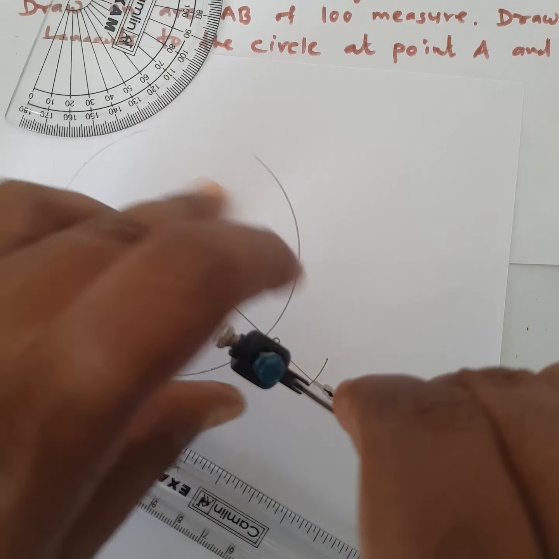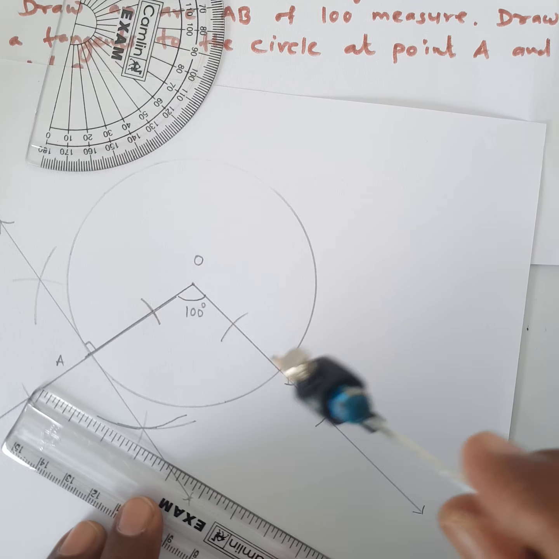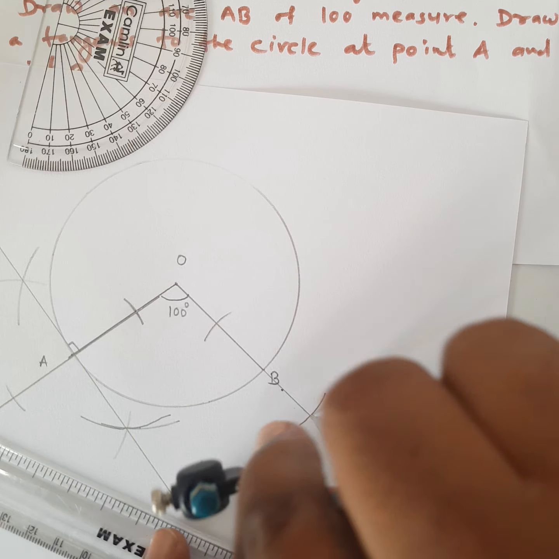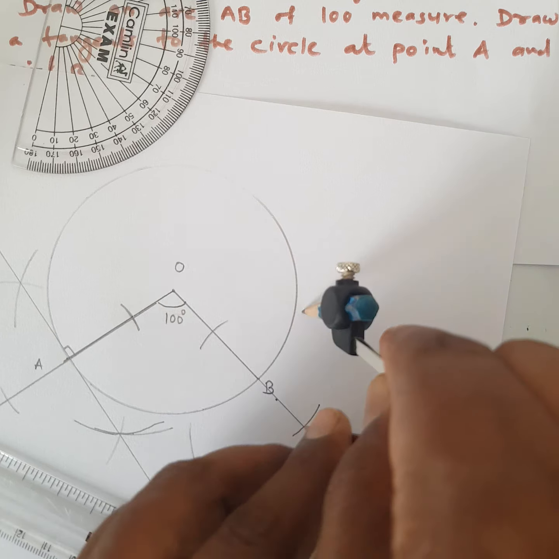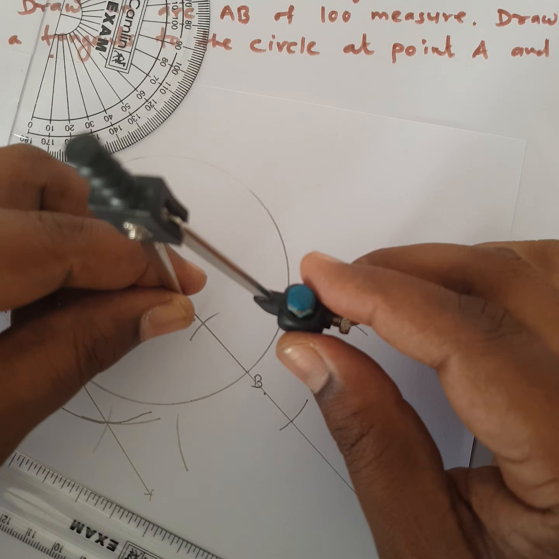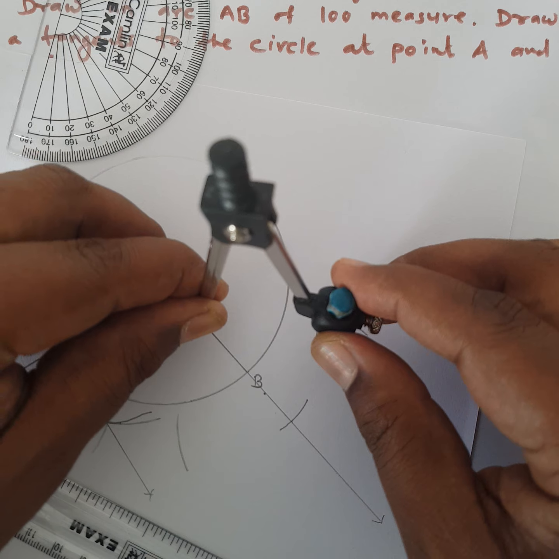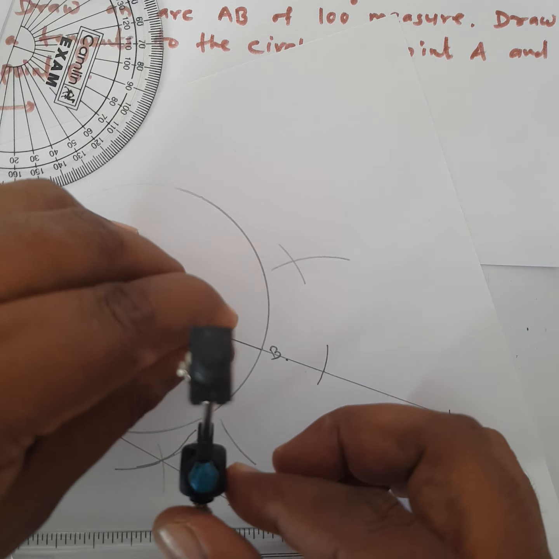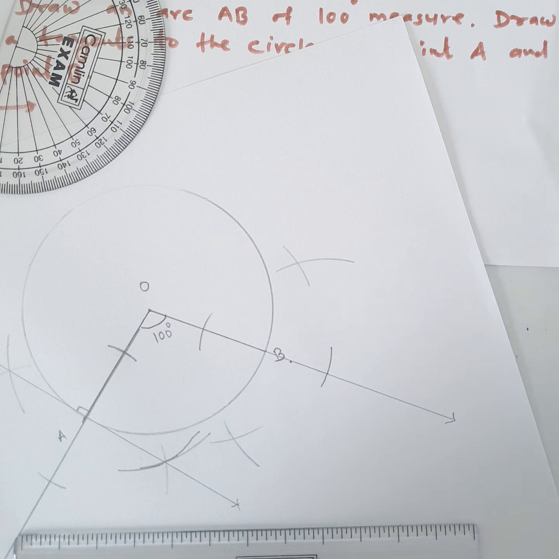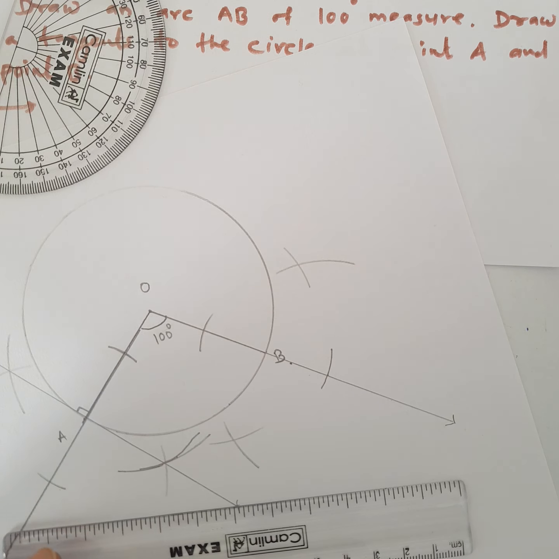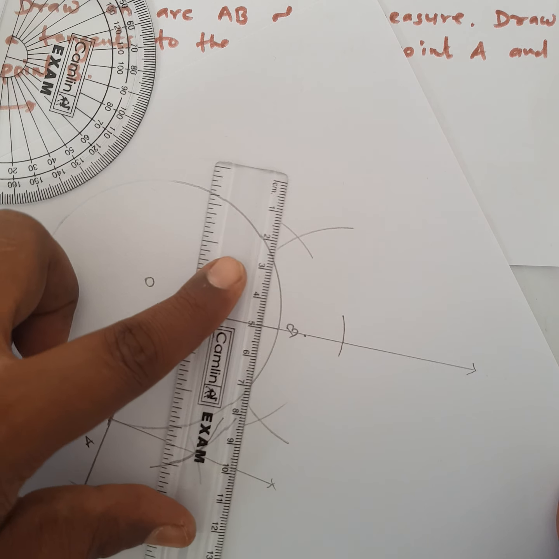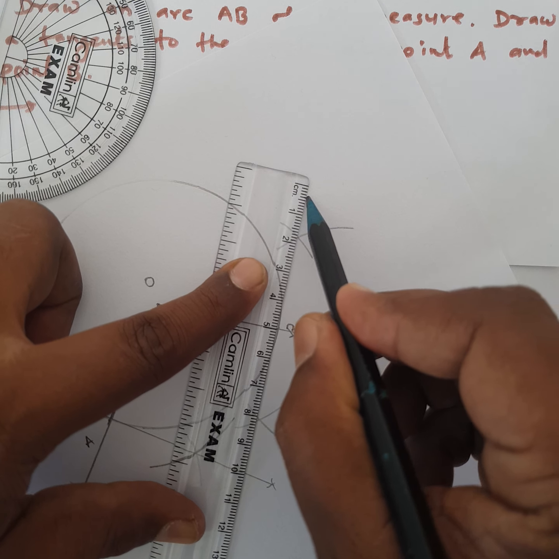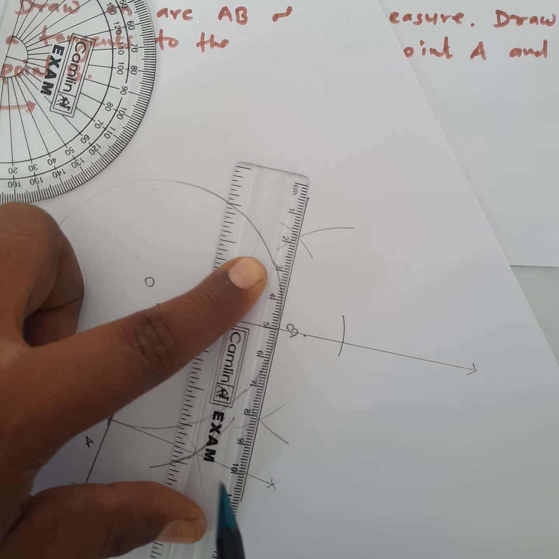Take a measure more than half, the same distance, and draw two intersecting arcs. Now we will draw a line passing through these two points. This will be the tangent passing through point B.